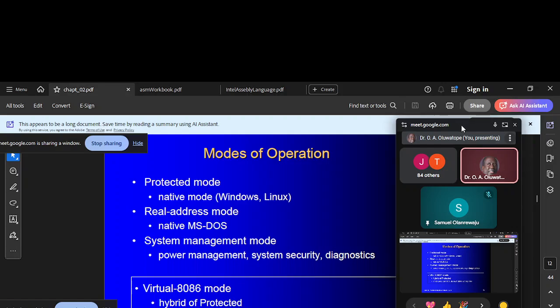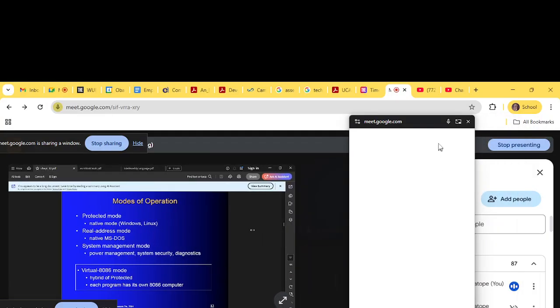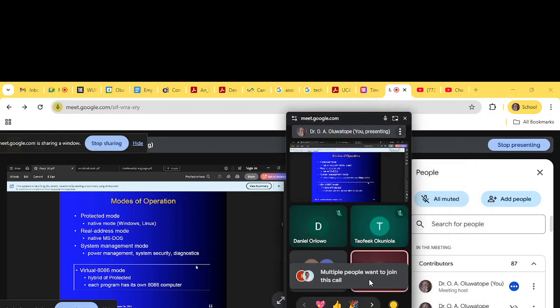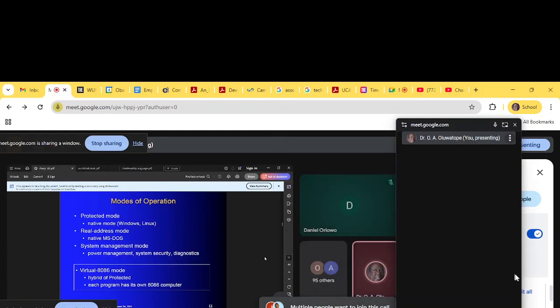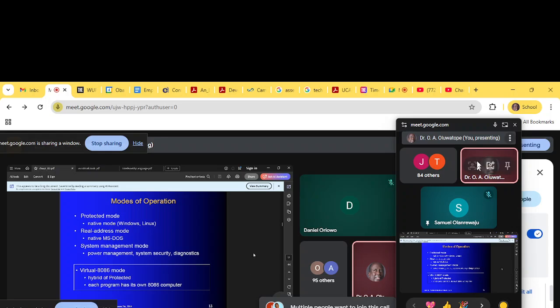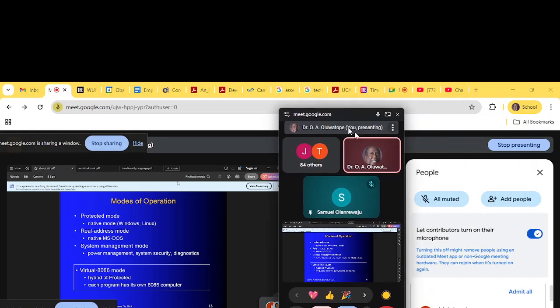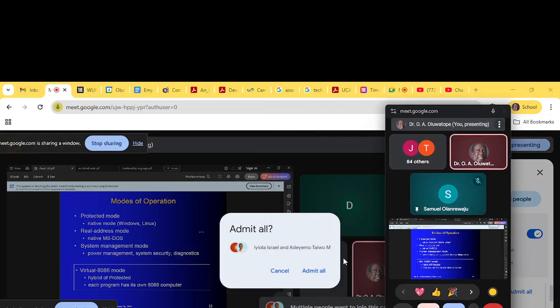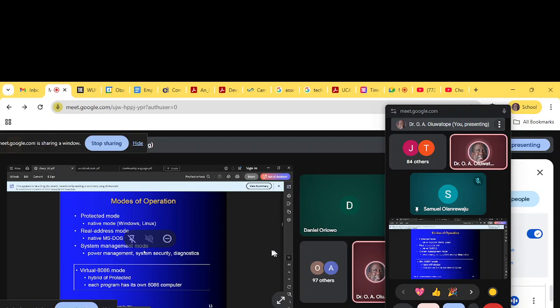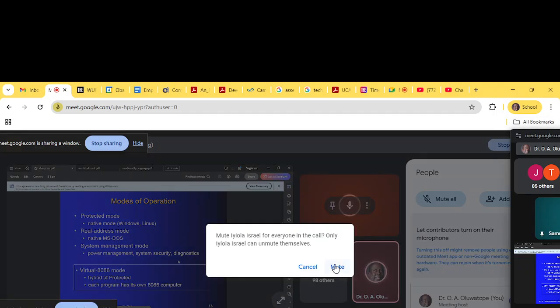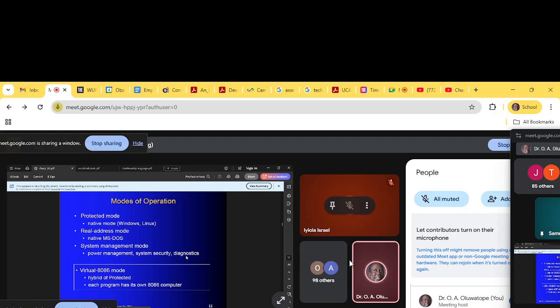There is another mode known as real mode. Real mode is native to MS-DOS, which is the traditional operating system created by Microsoft right from the onset.